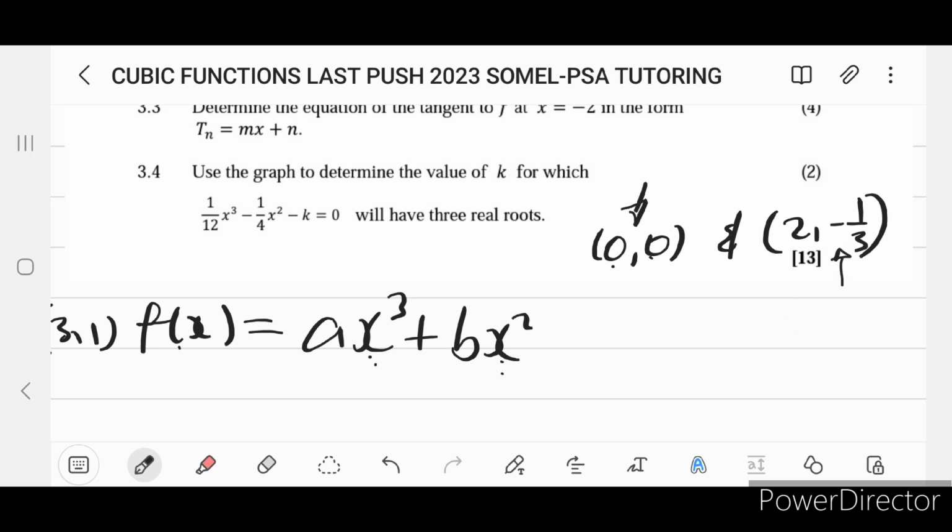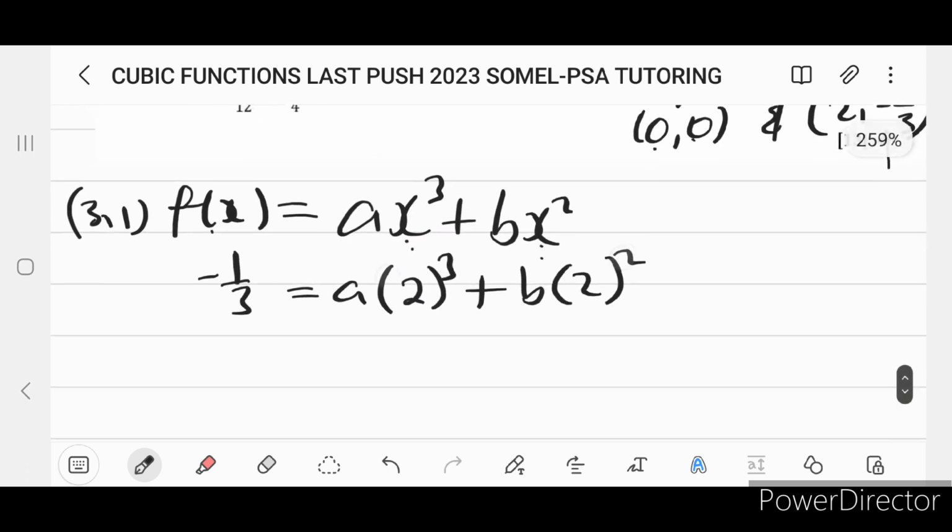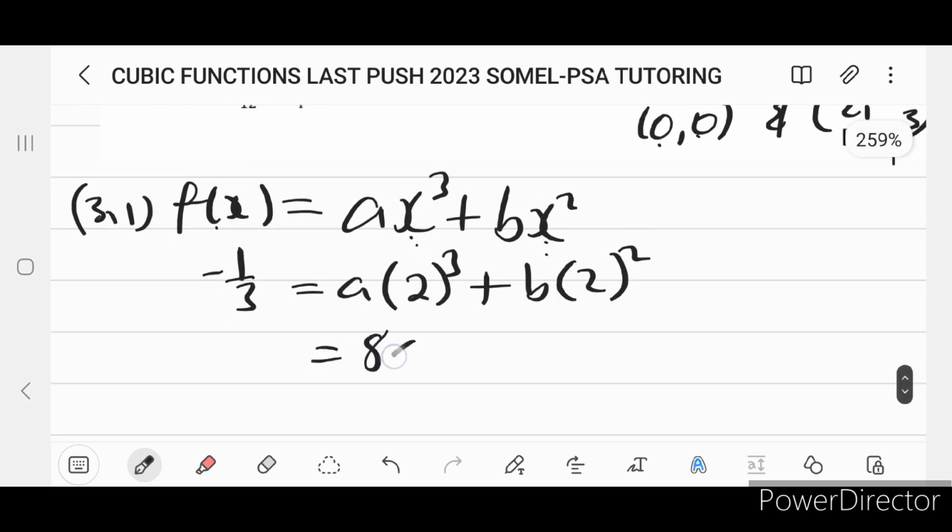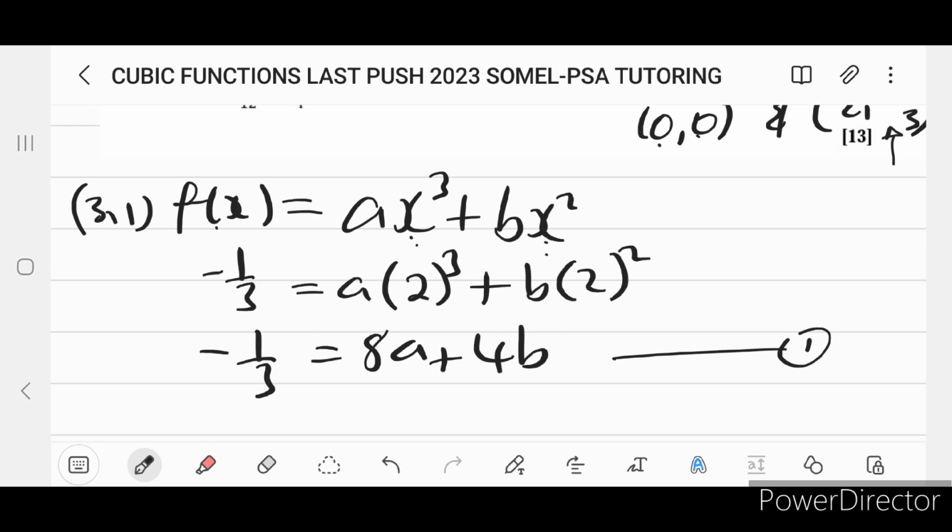I can use the other point: on y, I put negative 1 over 3, and on x, I put a times 2 cubed plus b times 2 squared. So 2 cubed is 8a plus 4b, and this is negative 1 over 3. I can say this is my equation 1.